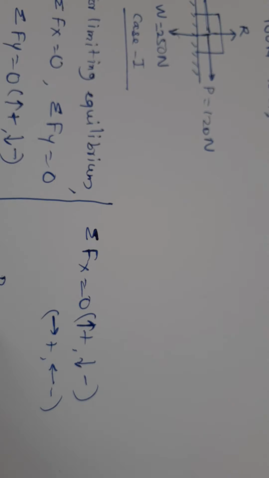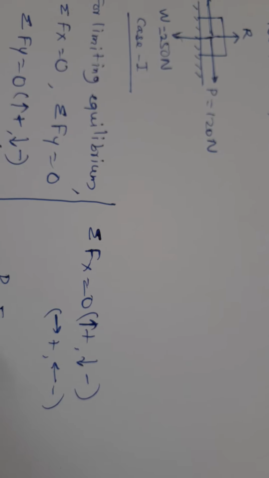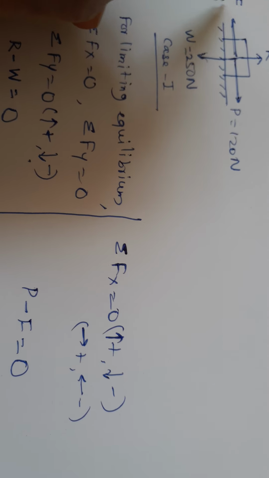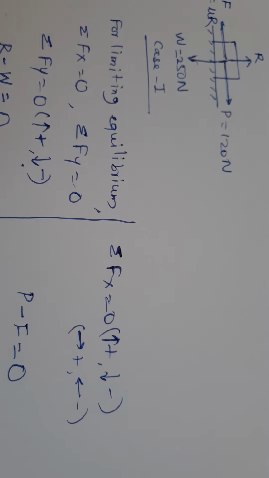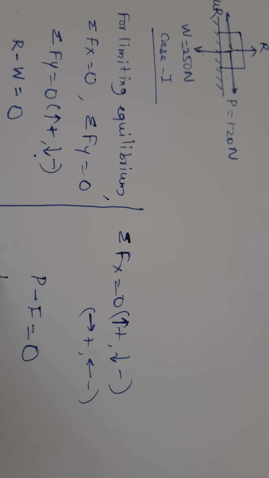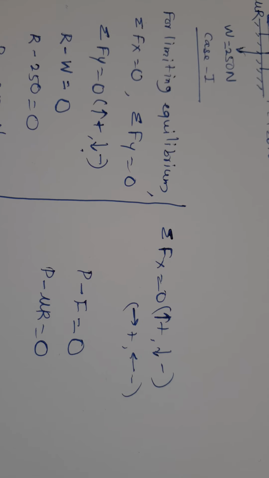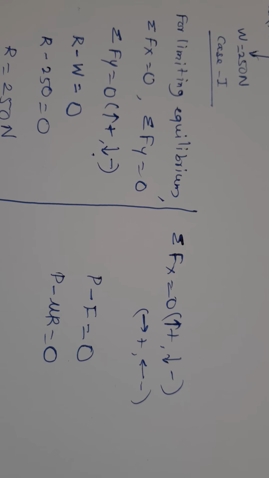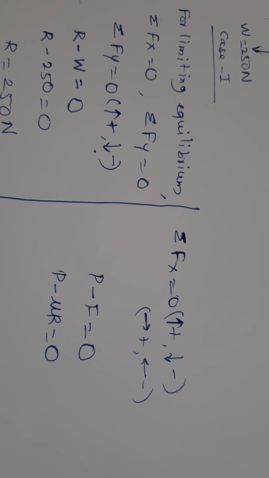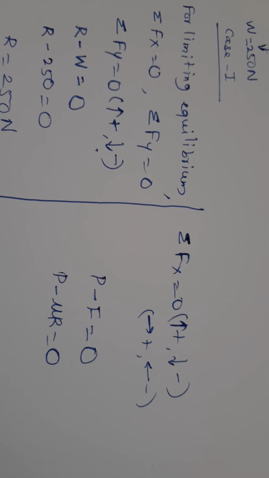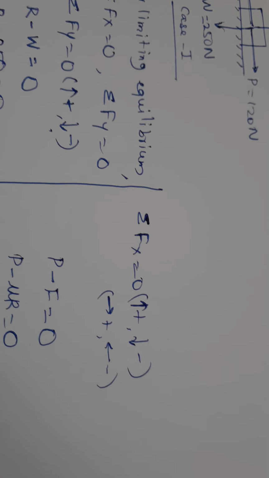F is backward, so we take it negative. P minus F equal to 0. We know that the frictional force F is equal to mu into R, so we replace F with mu into R. R we have calculated previously as 250.